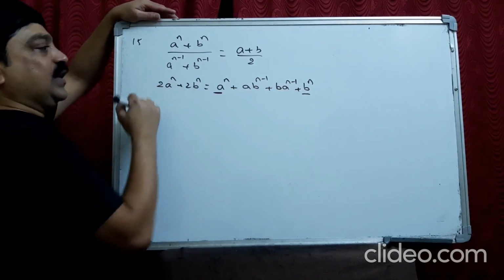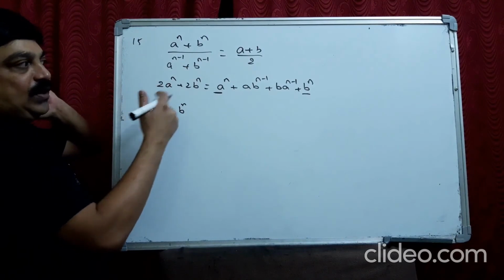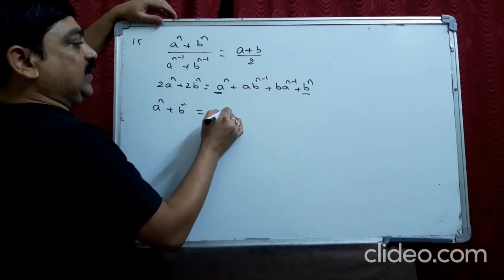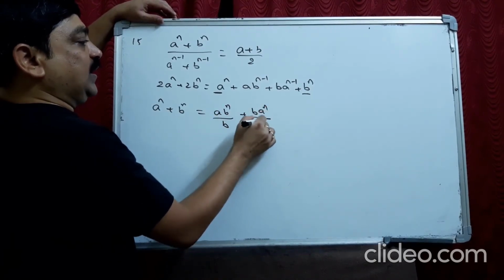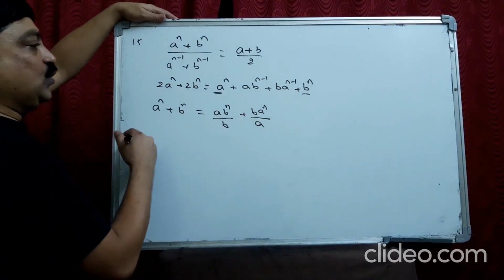Bring these two to the left side. Then it becomes 2a power n minus a power n, 2b power n minus b power n is equal to, in these two I write like a into b power n by b, b into a power n by a. Okay. Now let us bring a power n to one side.